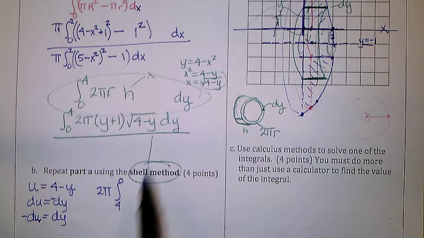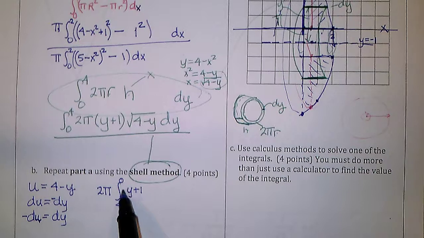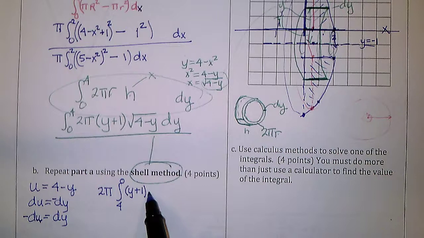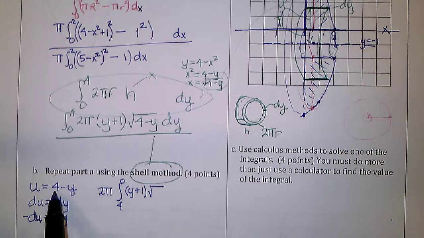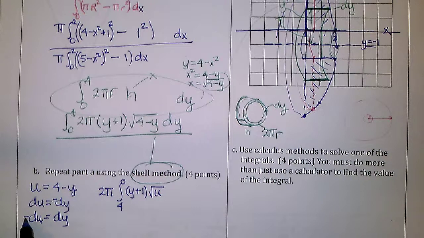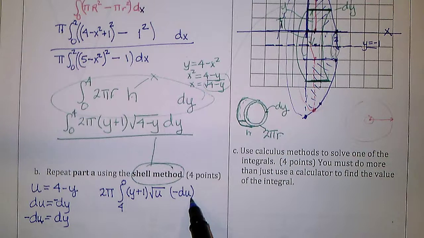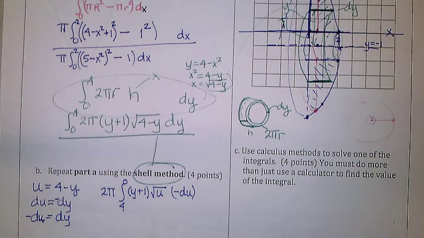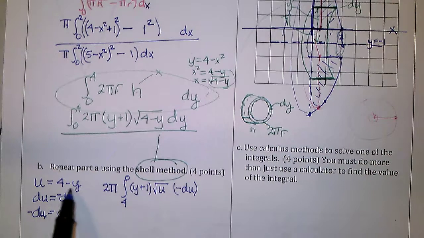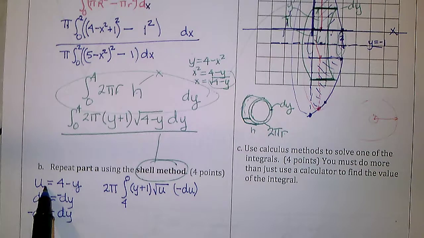Then I have y plus 1. I wasn't working with that. I was working with the 4 minus y, which is square root now of u. And the dy I'm replacing with negative du. Okay, so what can I do now? I still have a y. So I'm going to solve for y in this, because I needed to get it in u.